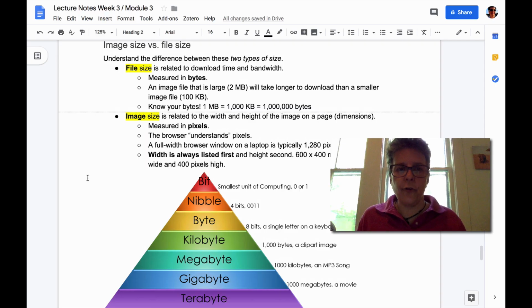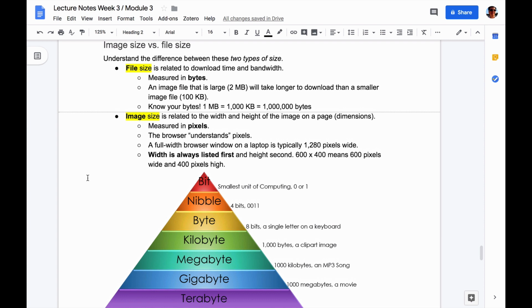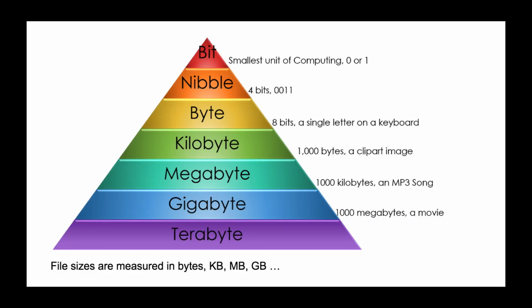This week, I also want you to get clear in your mind the difference between what we call image size and file size. So every file on the web and on your hard drive has a size, right? Your HTML files might be 5 kilobytes or something like that. Your image files may be 500 kilobytes or 1 megabyte.